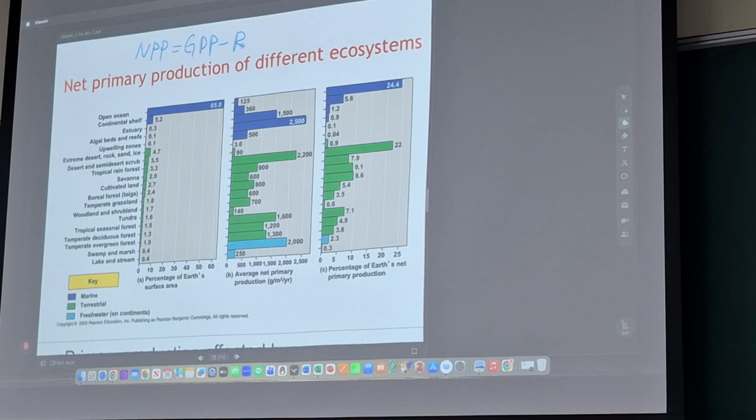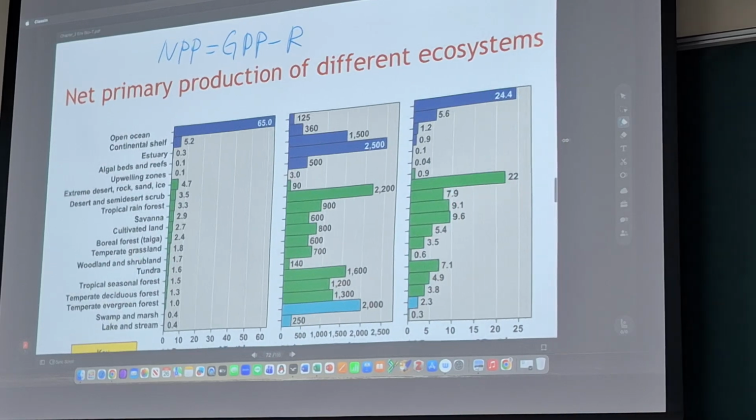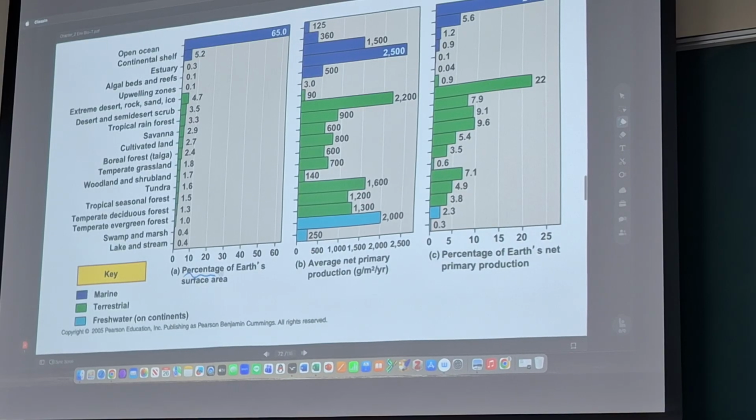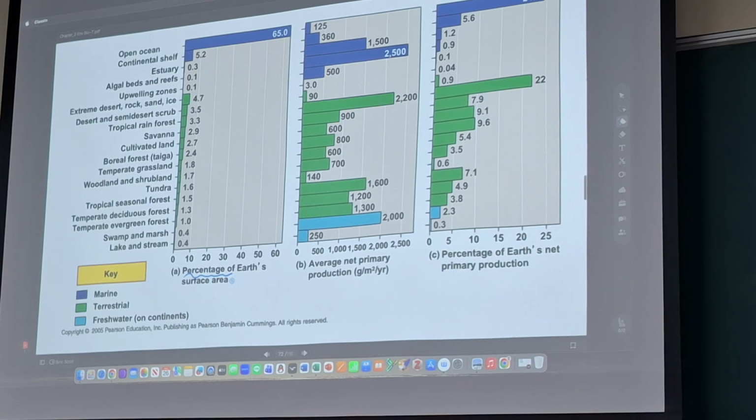Okay. So the first graph is about the percentage of Earth's surface area.